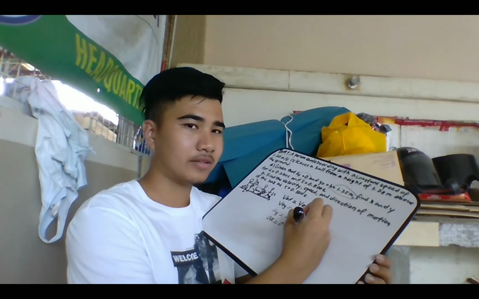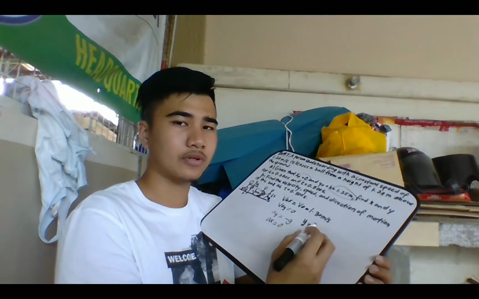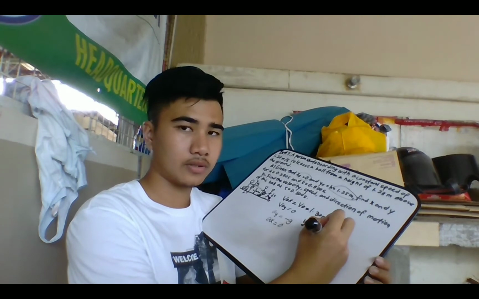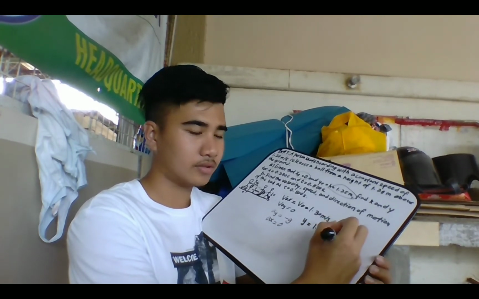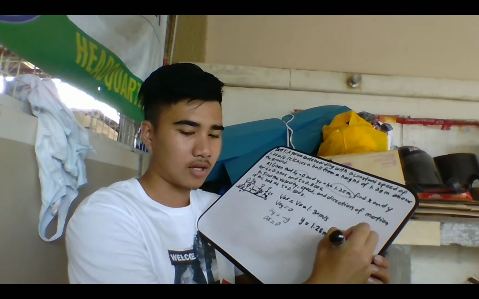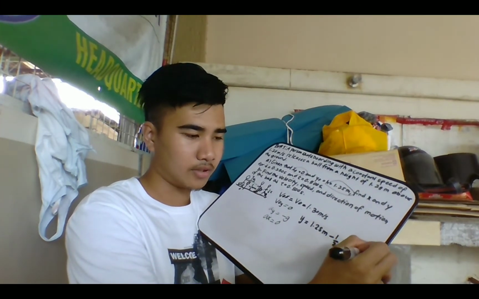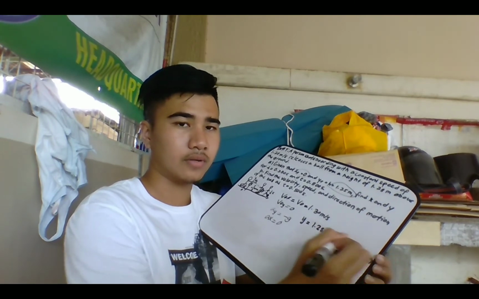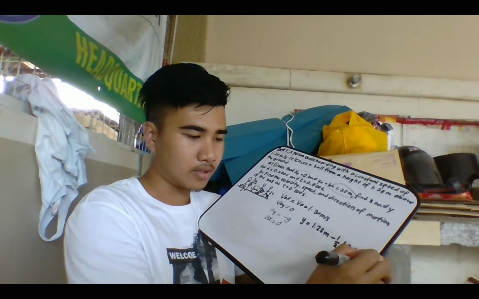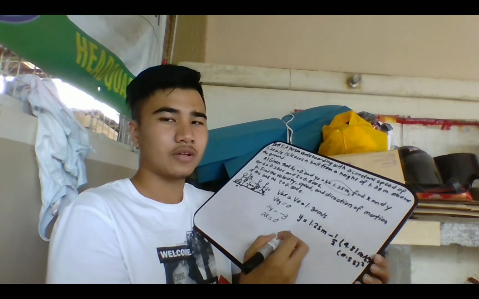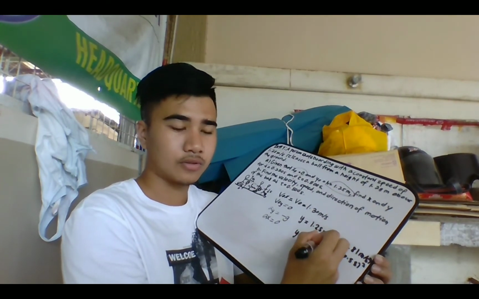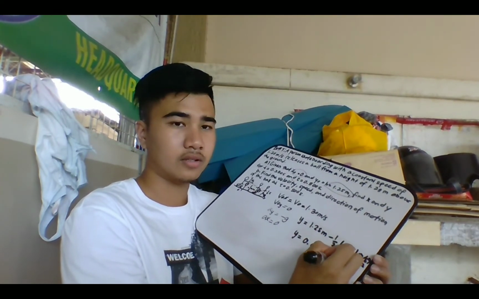For the y, again with 0.5 seconds, 1.25 meters minus 1/2 times 9.81 meters per second squared, times 0.5 seconds quantity squared, and by calculating, y is equal to 0.0238 meters.